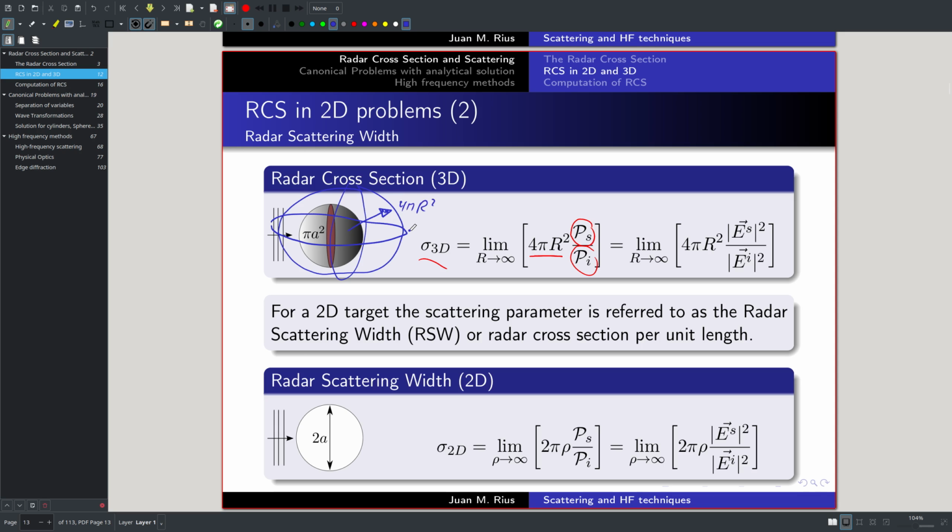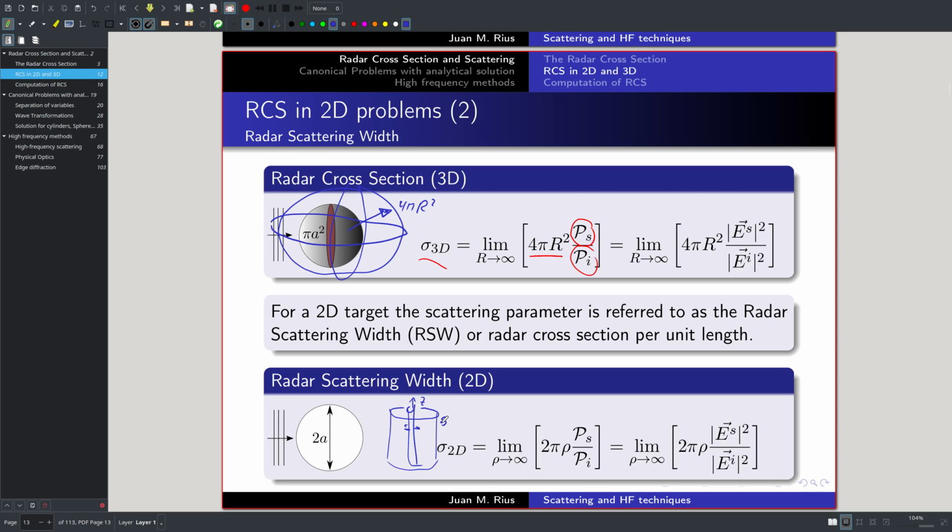Okay? So in two-dimensional problems, what we have? We have a scattering cylindrical object independent of the z coordinate, and the scattering surface, that is the surface of the scattered wavefront, is cylindrical.